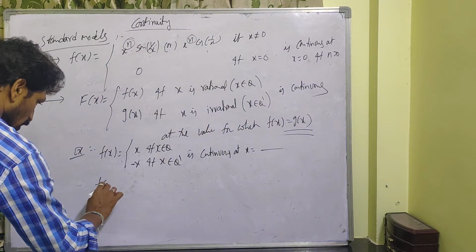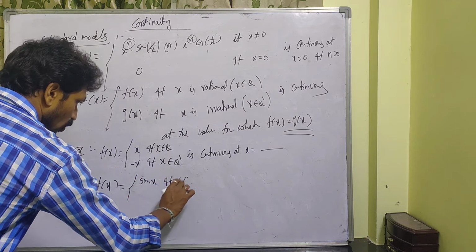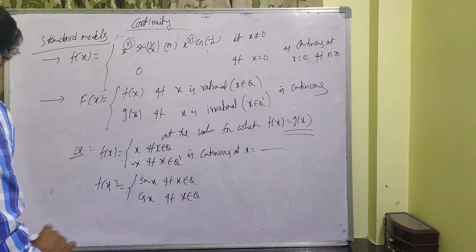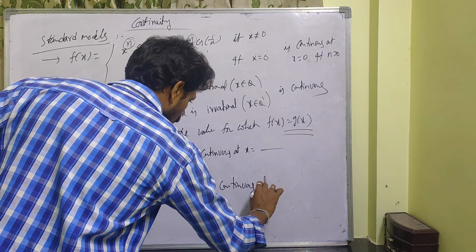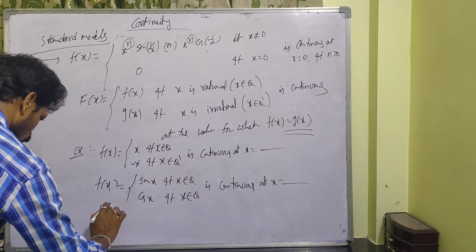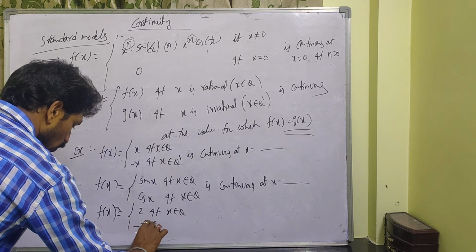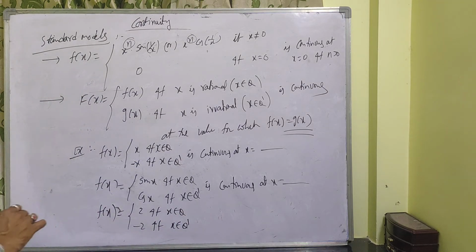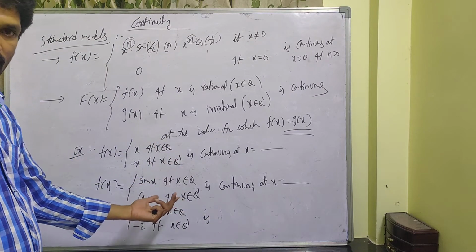Second question: f of x is equal to sin x if x belongs to Q, and cos x if x belongs to Q dash, is continuous at x is equal to what? Third question: f of x is equal to 2 if x belongs to Q, and minus 2 if x belongs to Q dash, is it continuous or discontinuous, or if continuous, where?